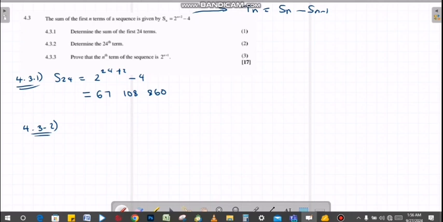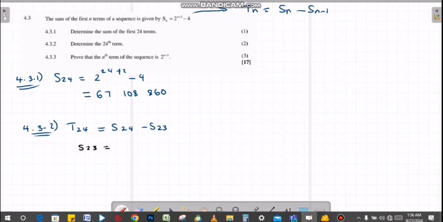Then they're saying determine the 24th term. Okay, term number 24. How do you get term number 24? We say sum of 24 minus sum of n minus 1, sum of 24 minus 1, which is sum of 23. So now let's get the sum of 23.